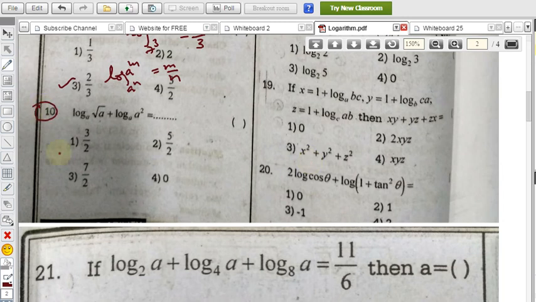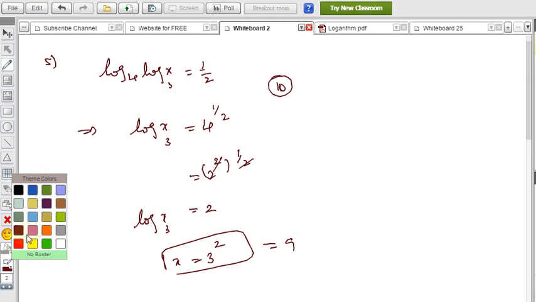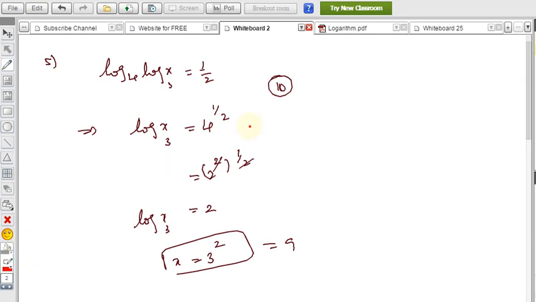10th one: log root a to the base a plus log a square to the base a. Let me take the board. So this 10th sum: log square root of a to the base a plus log a square to the base a.